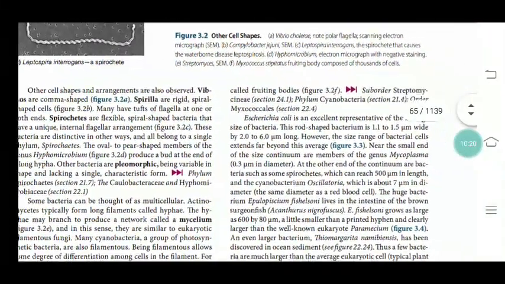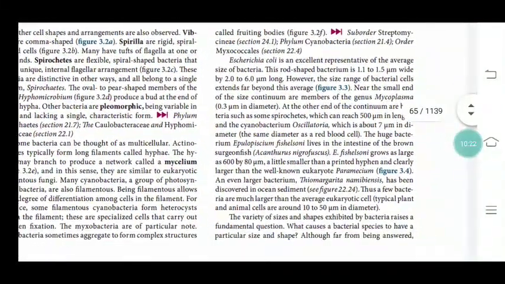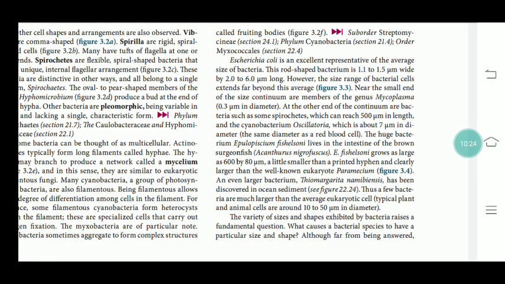Escherichia coli is an excellent representative of an average size of bacteria. This rod-shaped bacterium is 1.1 to 1.5 micrometers wide by 2 to 6 micrometers long. However, the size range of bacterial cells extends far beyond this average.